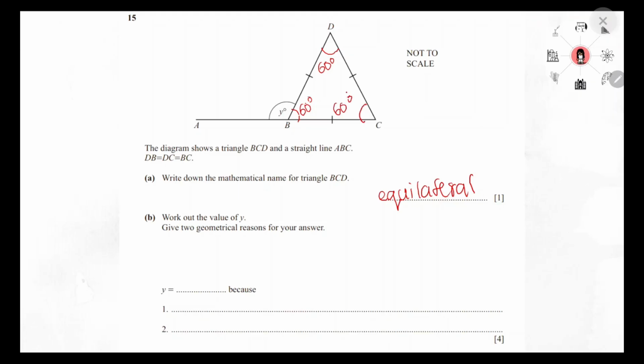So to find y, which is on the same line as the angle DBC, we have to subtract 60 from 180. So 180 minus 60 gives us 120. Thus y will be 120.